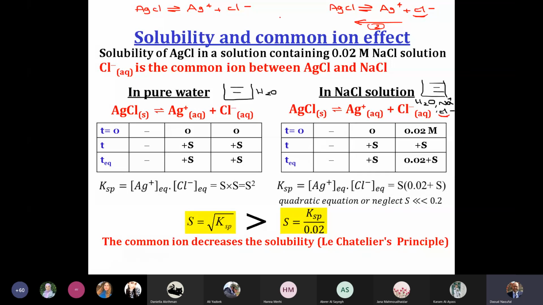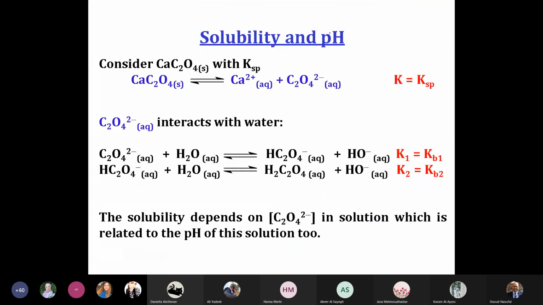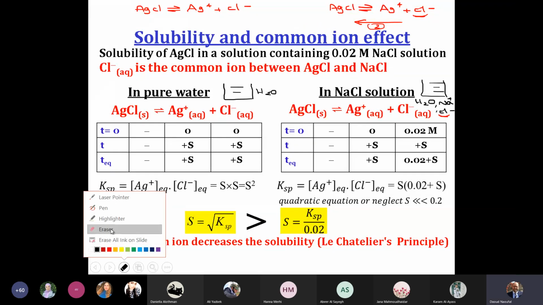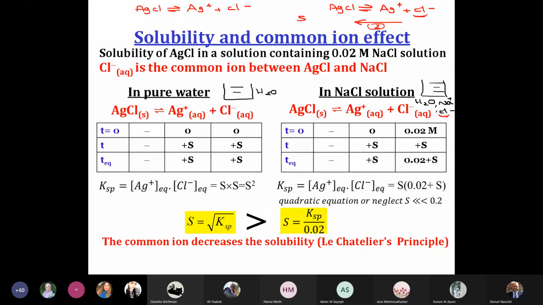That means the solubility of AgCl in the case where you have the common ion Cl minus, which is S prime, is less than the solubility in pure water, since the equilibrium will shift backward.